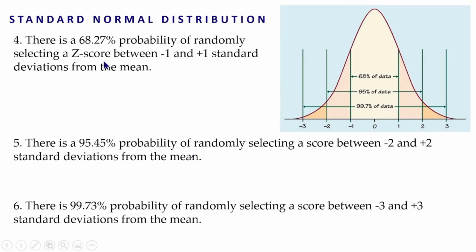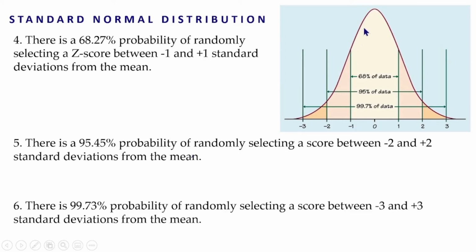And then here we have the 68, 95, 99.73% rule. According to this rule, there is a 68.27% probability of randomly selecting a z-score between -1 and +1 standard deviations from the mean. It is nothing but this area from -1 to +1.